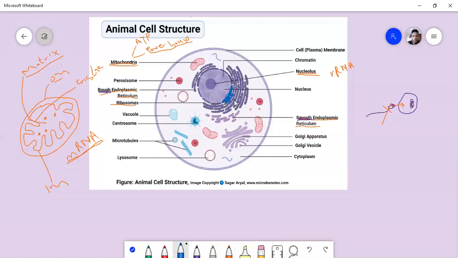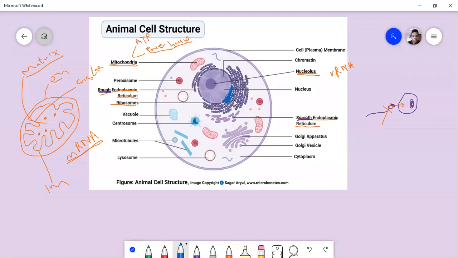And then what you have to know also about the endoplasmic reticulum is that it serves as a circulatory system for the cell, right? So what's the major role of the circulatory system? It moves, it's transportation. So the endoplasmic reticulum serves as a circulatory system for the cell. They will ask you that question. Which organelle serves as the circulatory system of the cell? The answer should be endoplasmic reticulum.